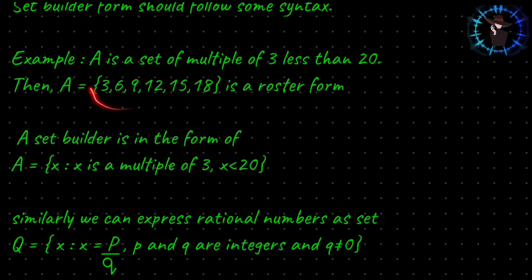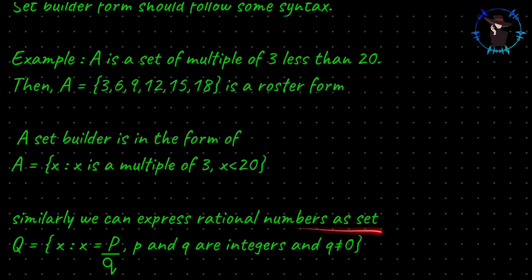That is what we wrote here, right? These are the multiples of 3. We are saying this element X is such that X is a multiple of 3 and it should be less than 20. So this form of writing a set is known as set builder form.